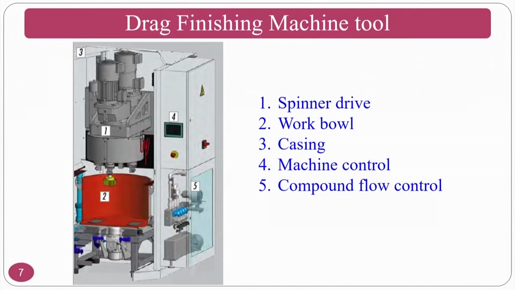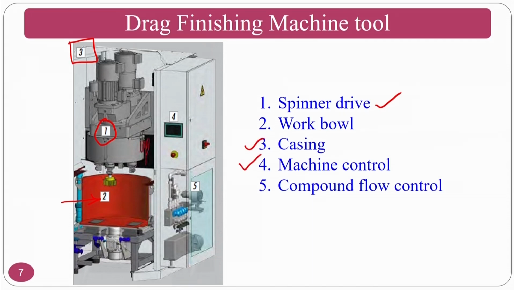If you see the drag finishing operation, normally there is a spinner drive, and the working bowl, this is the working bowl. The third one is the complete casing, and the fourth one is the machine control.